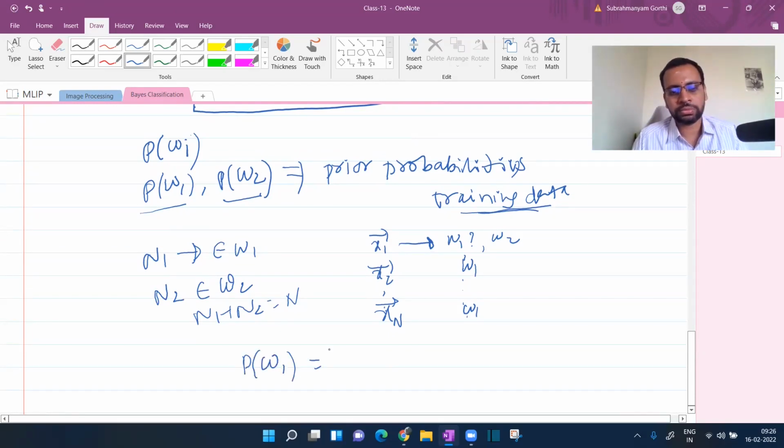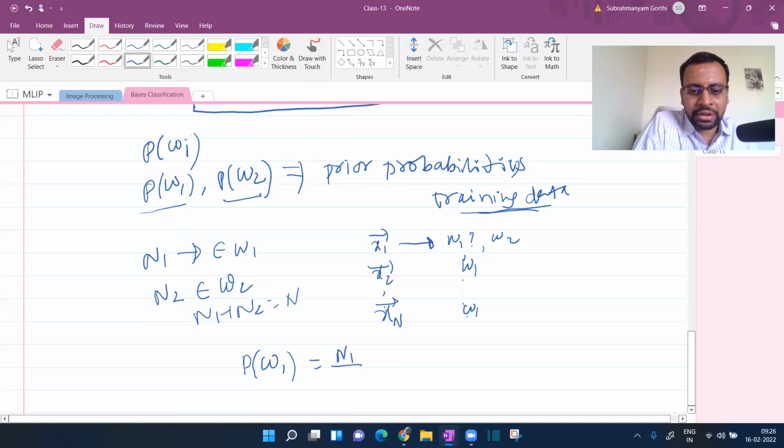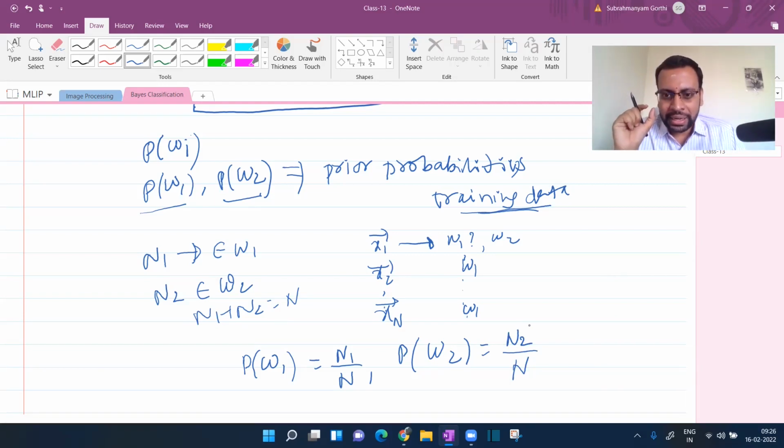It is n1 over n, and probability of omega 2 is n2 over n. That's all. This is how, from training data itself, you can compute prior probabilities.